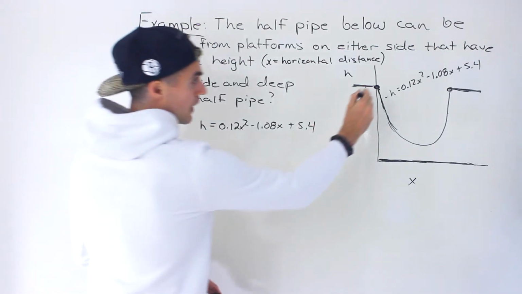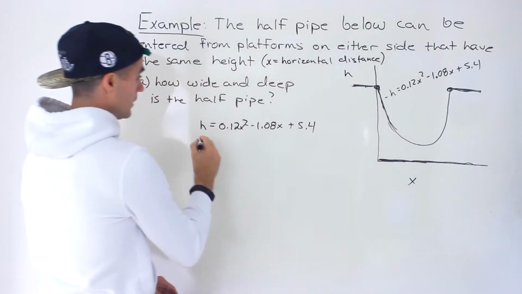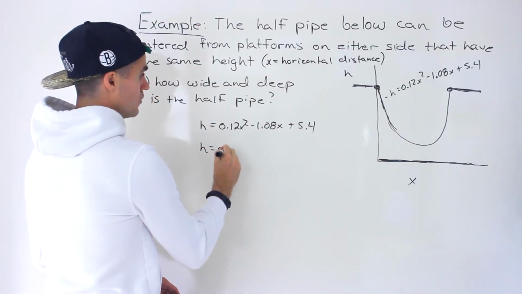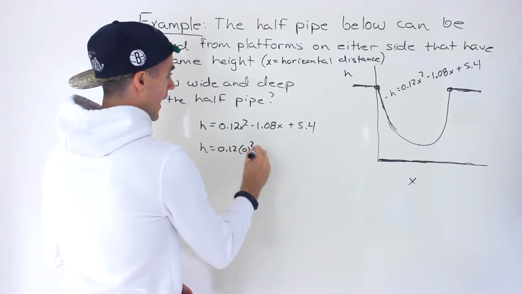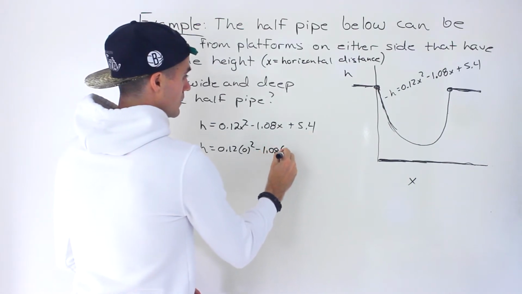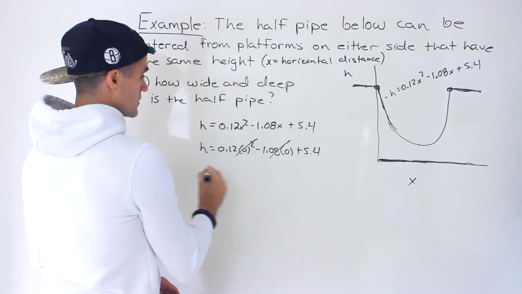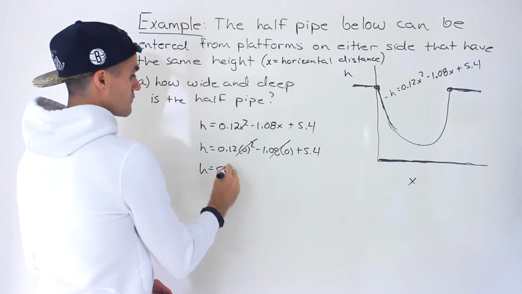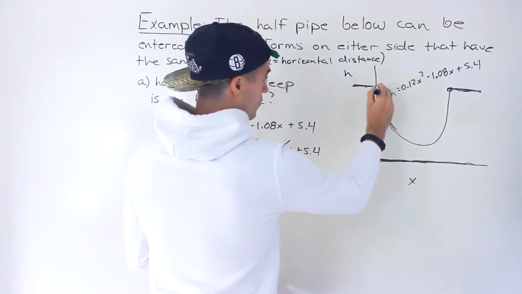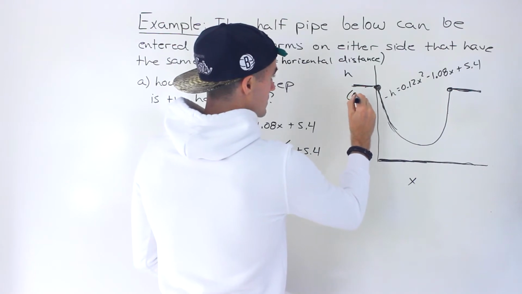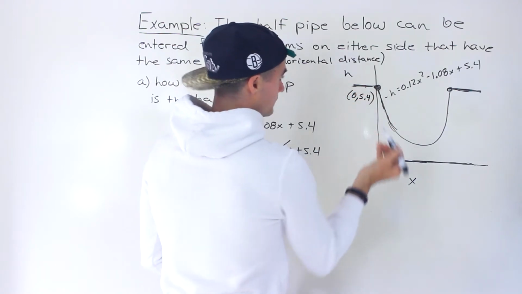And so we could find what this intercept is here by plugging in 0 for the x values. When we plug in 0 for x, this goes to 0, this goes to 0, and we get a height of 5.4 meters. So this here is (0, 5.4).